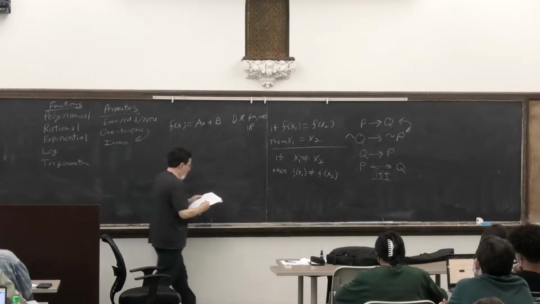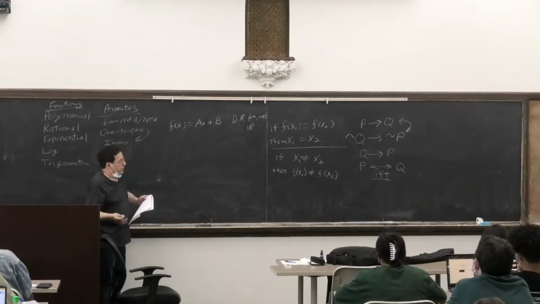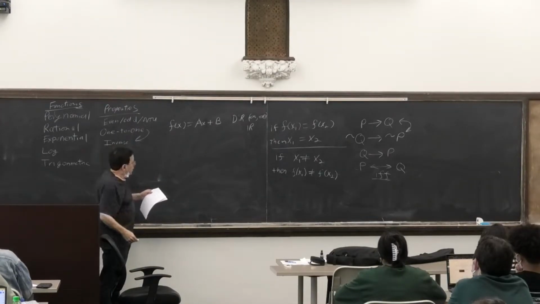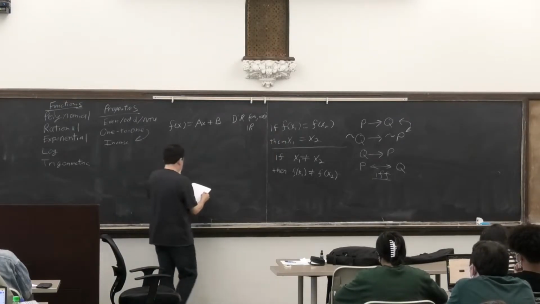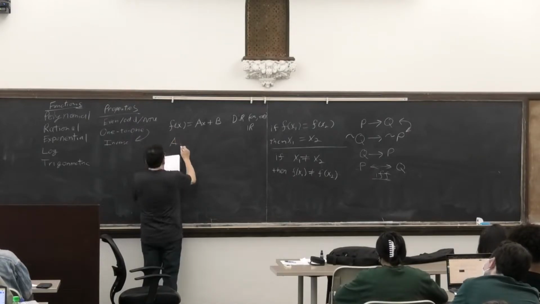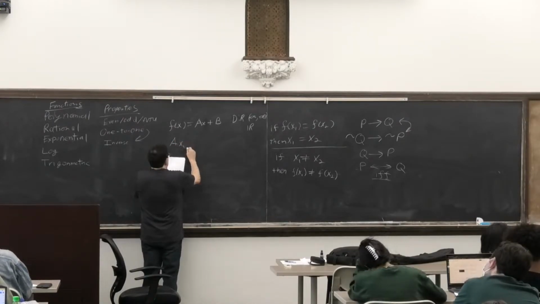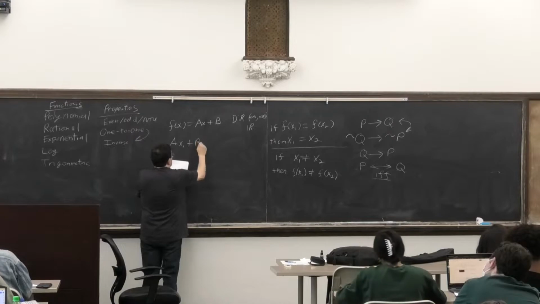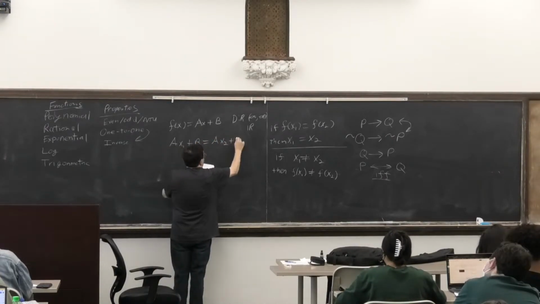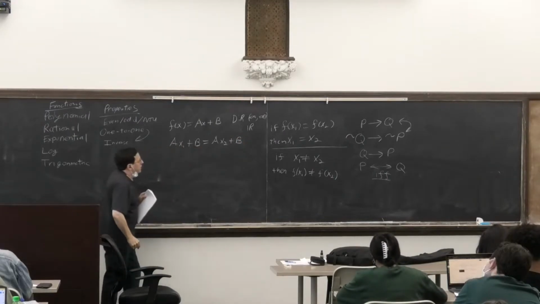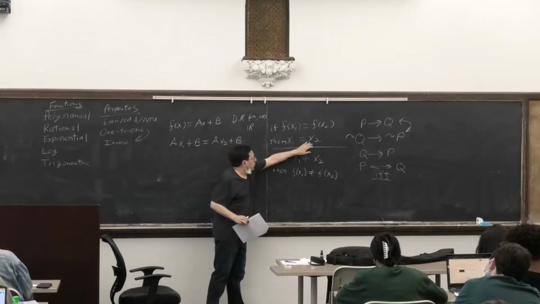So let's see if we can prove this. Let's assume this is the case, that is, ax1 plus b equals ax2 plus b. And we're just trying to show that x1 equals x2.